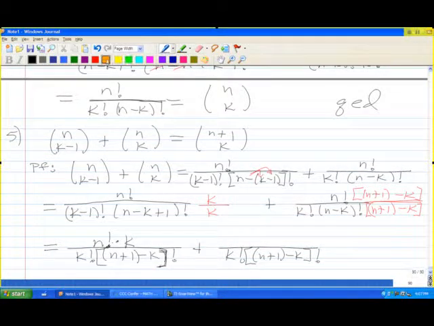This becomes, well, let's multiply the n factorial inside the parentheses, and so n times n factorial times n plus 1 is just n plus 1 factorial minus n factorial times k.